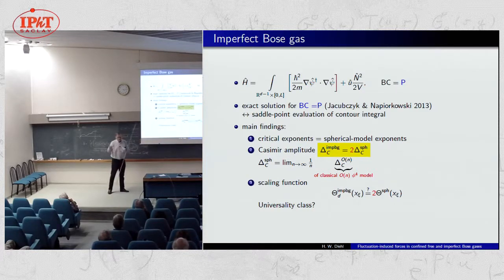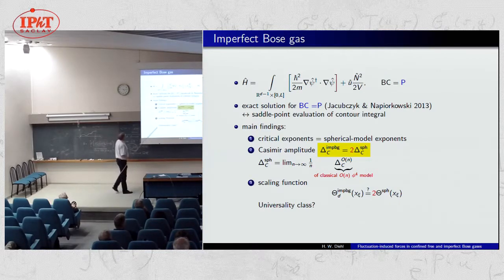One gets a contour integral over the partition function of the free case at imaginary, complex chemical potentials, and one can evaluate this by saddle point integration. And what they found was that the critical exponents were exactly those of the spherical model. And then, apparently to their surprise, they found that the amplitude was twice that of the spherical model.